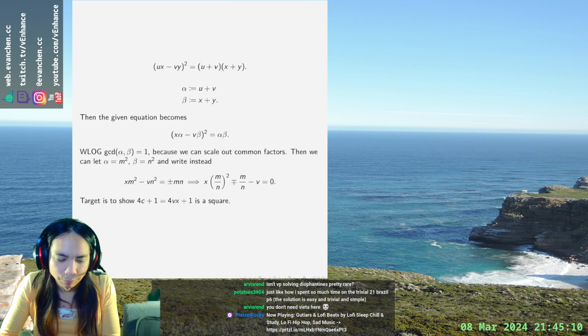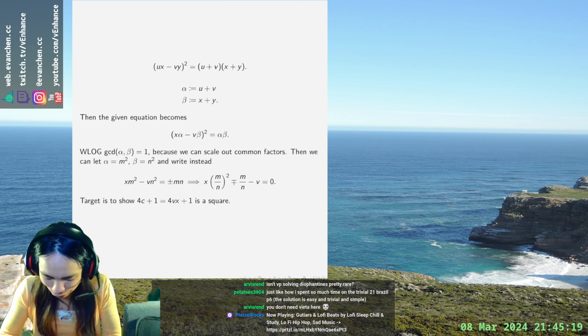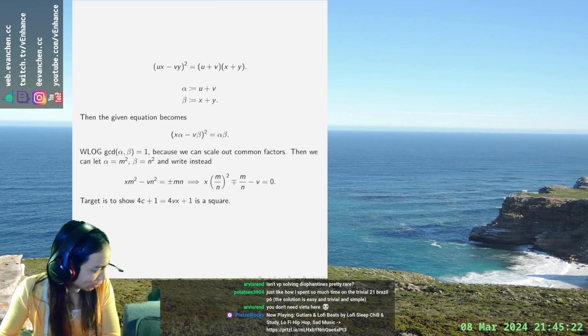So, in particular, the quadratic equation. Now I need another variable. What is a? What letter do I use?